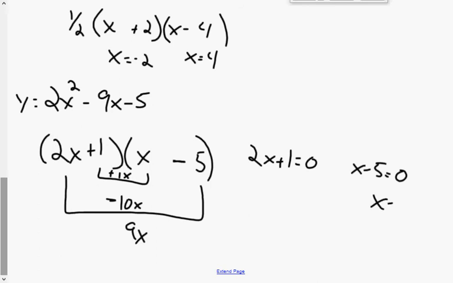This one's pretty straightforward. 5. Divide both things by 2. Like so. So there's my x-intercepts.